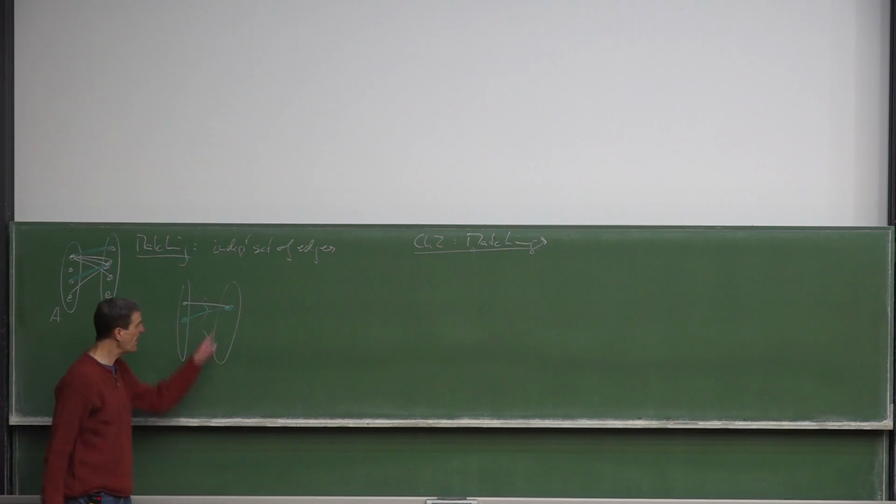So we start with this edge first, and then when we've taken this, then we might be considering this edge and say, oh no, I can't take that because that's not independent here. And then we might consider this edge and say, oh no, we can't take that either because that's not independent here. Oh, I wish I hadn't taken that one, right? Because the white edges are a bigger matching than the blue edges.